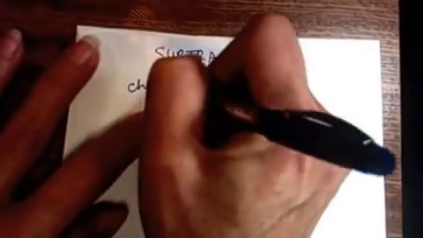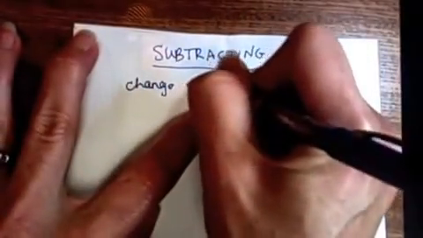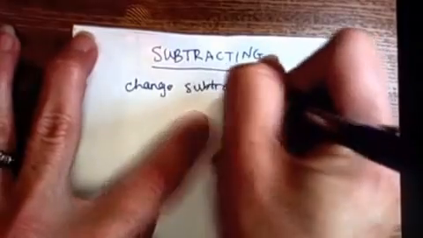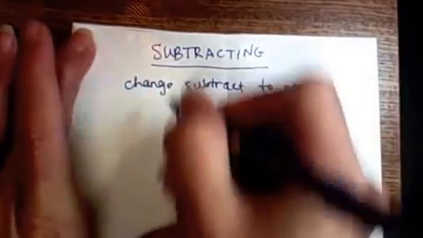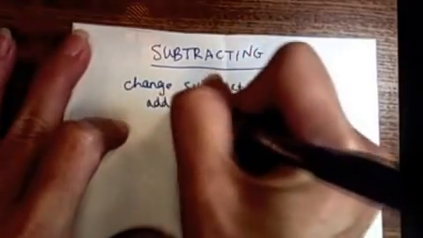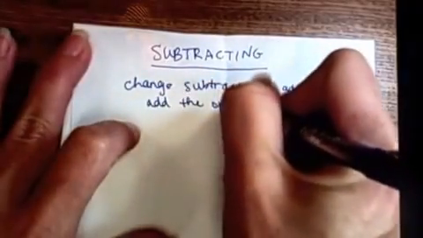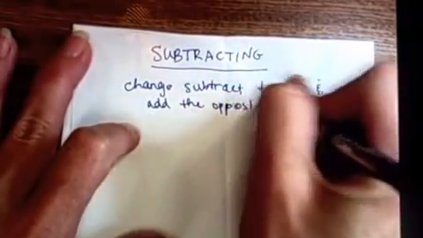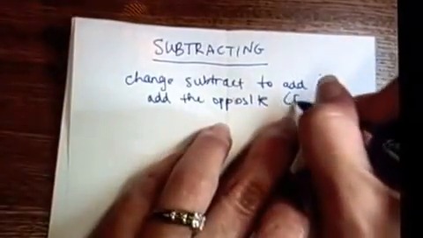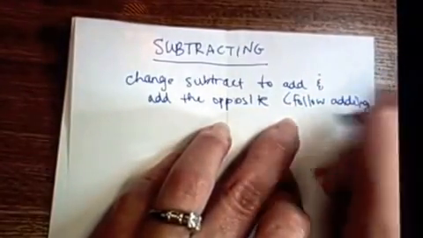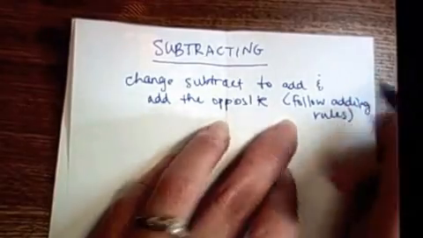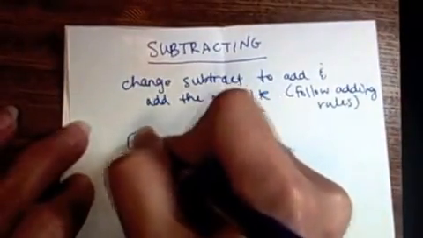So we are going to change the subtract to add, and add the opposite. Once we're finished with that, then we just follow the adding rules. Okay, so let's do a couple of examples with that.